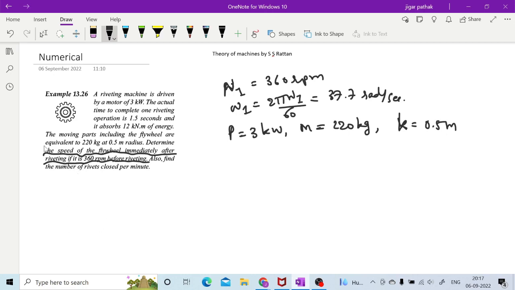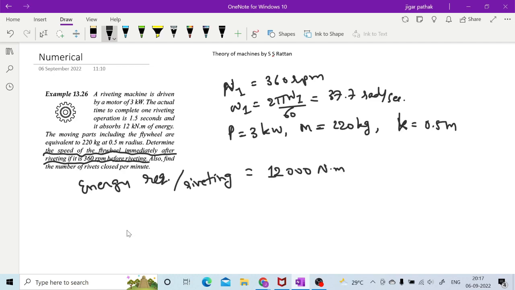And here the energy required per riveting is 12,000 Newton meter.